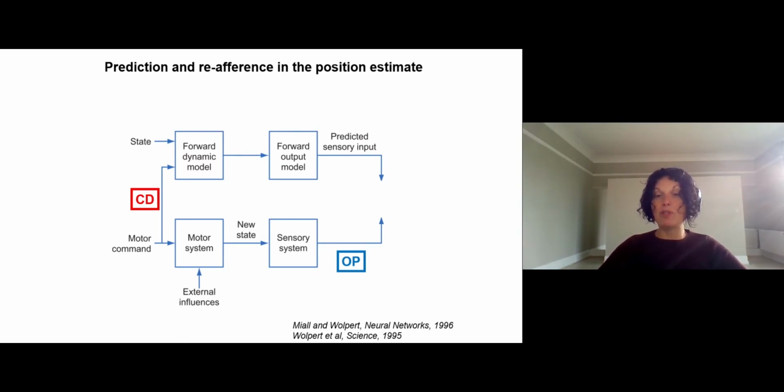Ocular proprioception arrives to the brain slower because of the delay in the ascending pathways. However, it is very accurate because it is an actual measurement of the rotation of the eye in the orbit. So the two hypotheses I mentioned in my previous slides are about how these two sources of eye position information are combined.